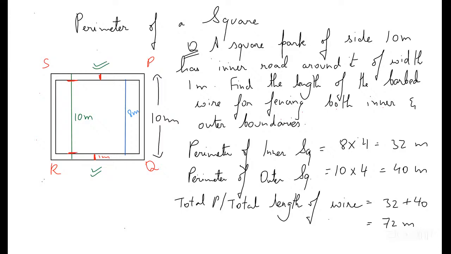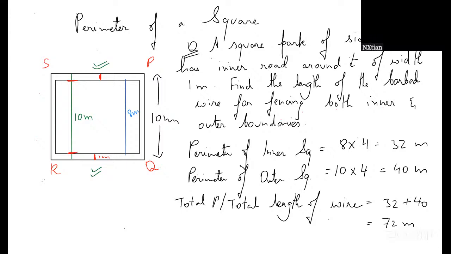Now hope you have understood the question. Yes, ma'am. Please write this down. Okay, then we will stop here. The perimeter of the square is done.